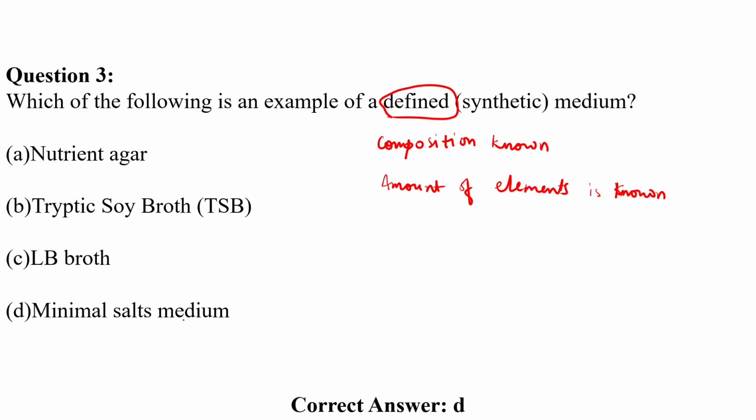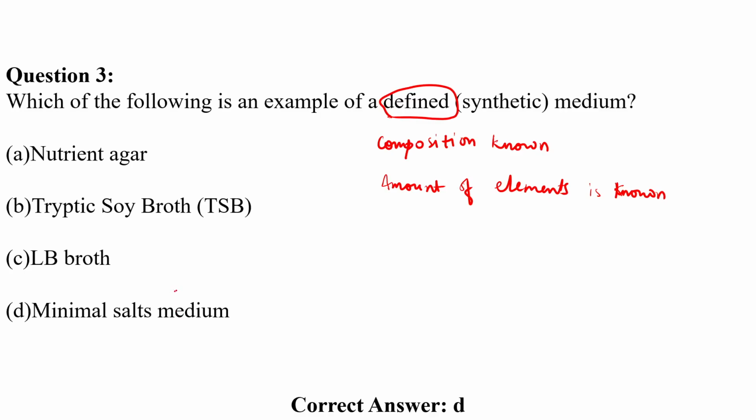If I am adding certain moles of glucose, I know how many moles of carbon have been added to the medium. If I'm adding sodium chloride, I know how many moles of sodium and how many moles of chloride are present. Now for metal ions, if I'm adding copper chloride or iron chloride or iron sulfate, I know how much iron, how much sulfur, and how much oxygen is added to the medium. So that is called a defined medium.